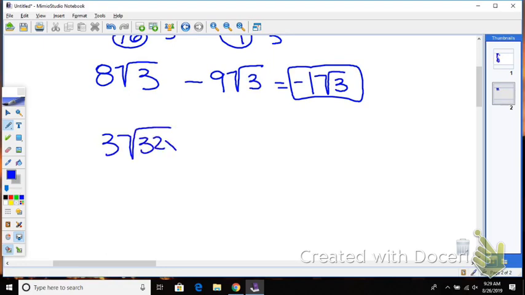So you guys try this: 3 times the square root of 32x squared plus 4 times the square root of 8x squared.